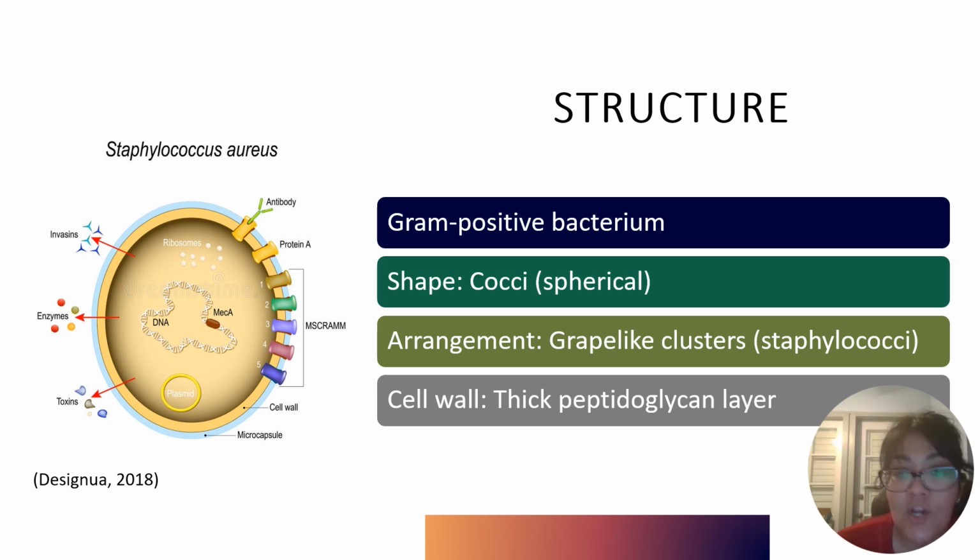Like we mentioned earlier, Staphylococcus likes to gather together to form little grape-like structures, and it has a thick peptidoglycan layer. In this picture, you can see that layer is the yellow wall all the way around.